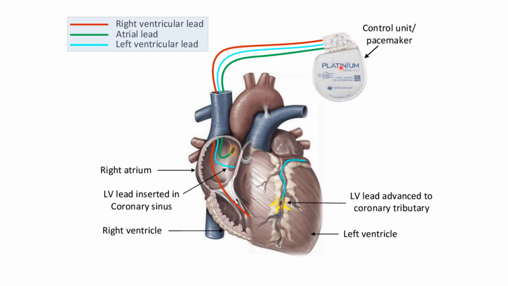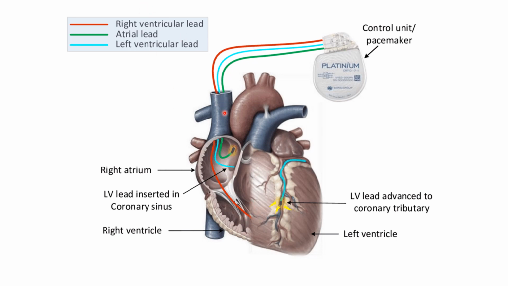So this is just a good diagram, what I thought you might find useful, where we have an example of cardiac resynchronization therapy, where we have the control unit or pacemaker. We have the leads coming out. The red is the right ventricular lead. We can see it goes down here through the tricuspid valve. That's going to pace the right ventricle.